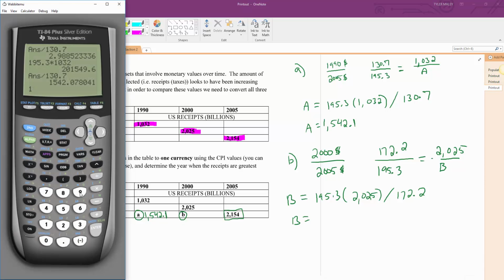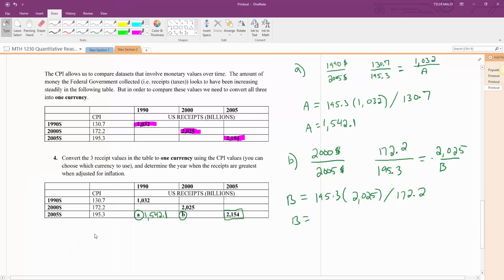So we get roughly 2,296.6, which is what I believe was shown there.